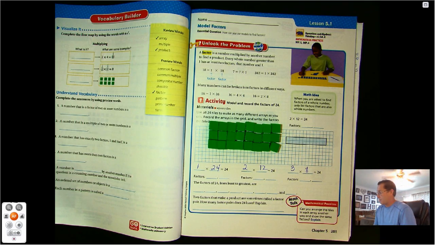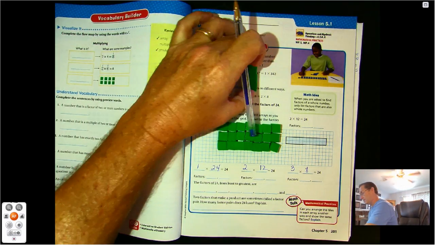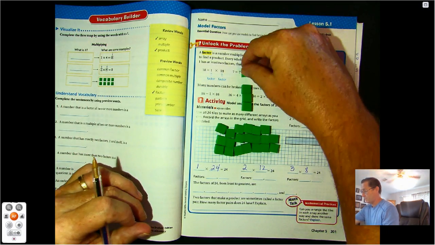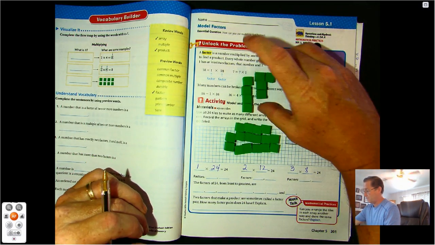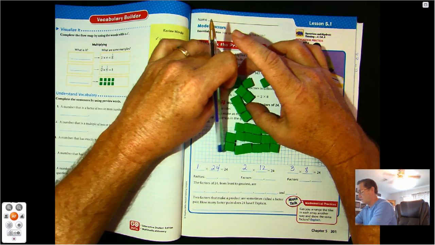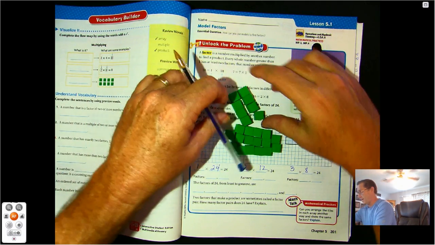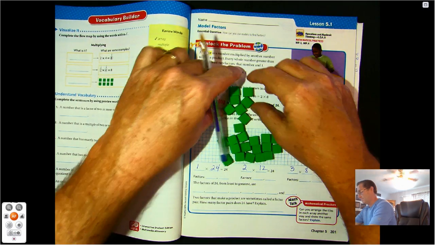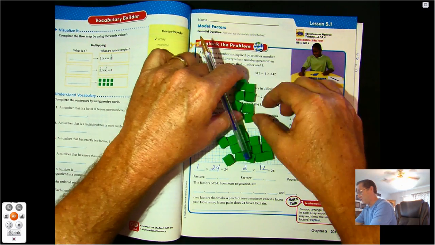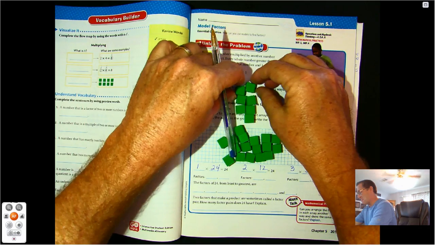So how about 4? Can I do 4? 4, 8. They keep moving around on me.